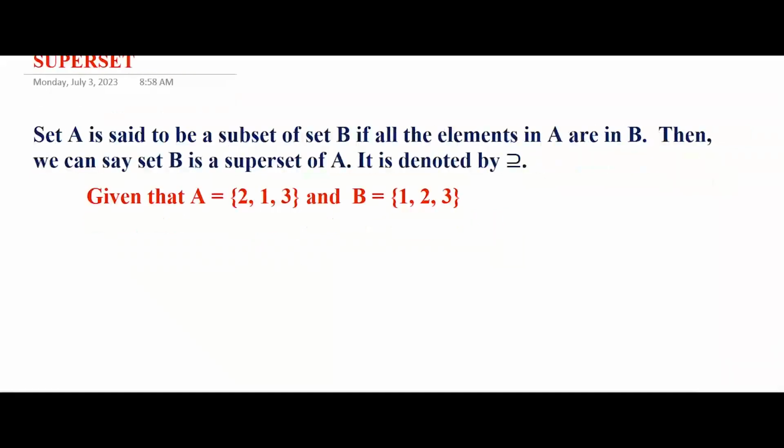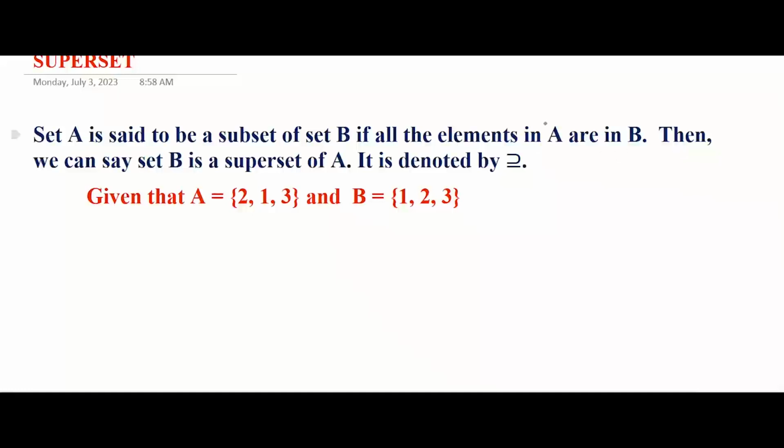So let's look into another one, which is called superset. Superset is the continuation of our subset. Okay, so let's say we have set A. Set A is said to be a subset of set B if all the elements in A are in B. So I explained this earlier.